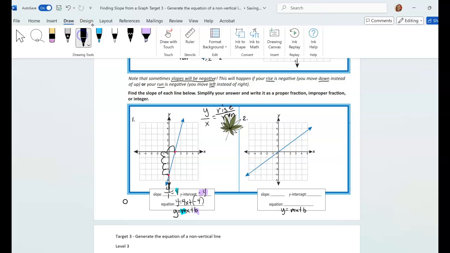Okay, so I already have the formula for the equation here. Slope is the change in y over the change in x, or rise over run. And you need to pick 2 points, 2 perfect points.